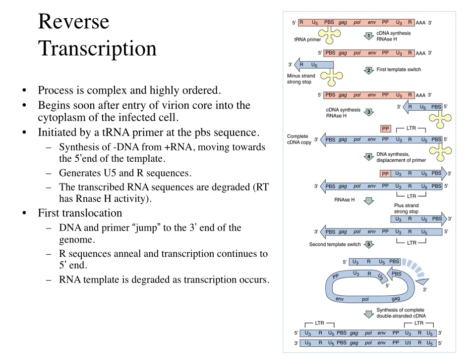So remember, we have a tRNA attached at the primer binding site, or PBS. The tRNA is going to act as a primer for the transcription of DNA from the RNA. The reverse transcriptase, of course, is going to carry out this process.